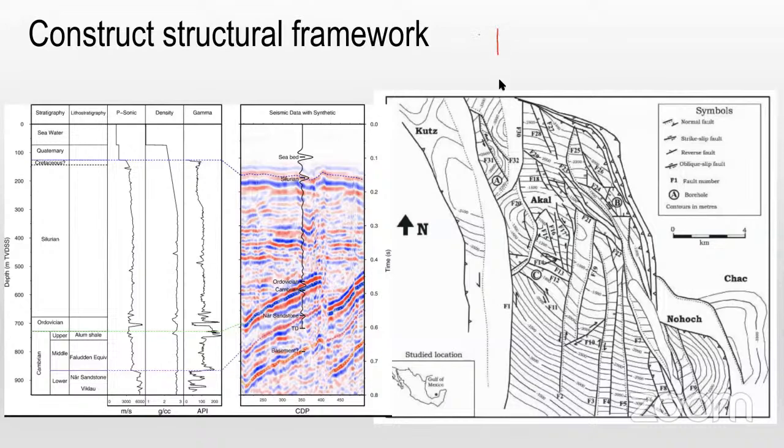Okay, let's think about that. You have 2 wells. One well in this part. You have, for example, shale here, you have sandstone here, you have again shale here, okay? You have that shale, that sandstone, that shale.